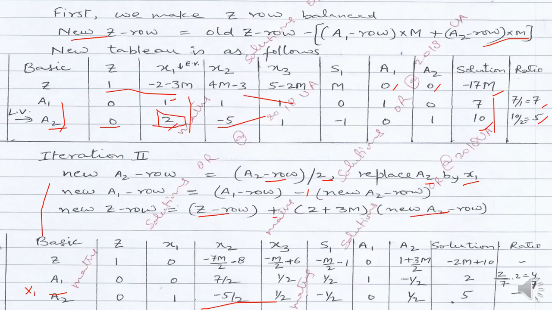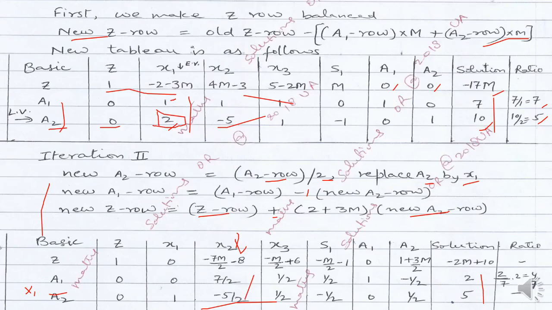Now we will see which one is the entering variable and which one is the leaving variable. So for our entering variable, if we see, this is minus m, and this is minus 7 upon 2. So this is most negative. So this is our entering variable here. And now for leaving variable, this is the pivot column, and these are the solution elements we will divide.